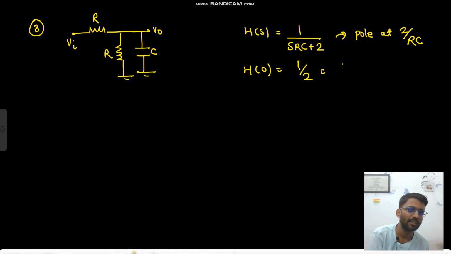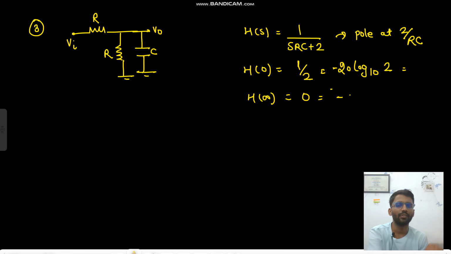Okay, it will be some negative value, right? Minus 20 log 2, it will be some negative value, and h of infinity is 0, which means minus infinite dB.